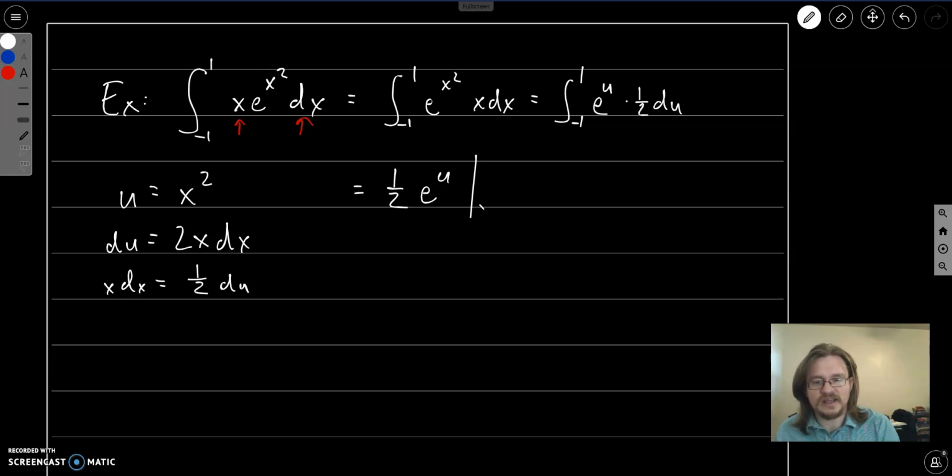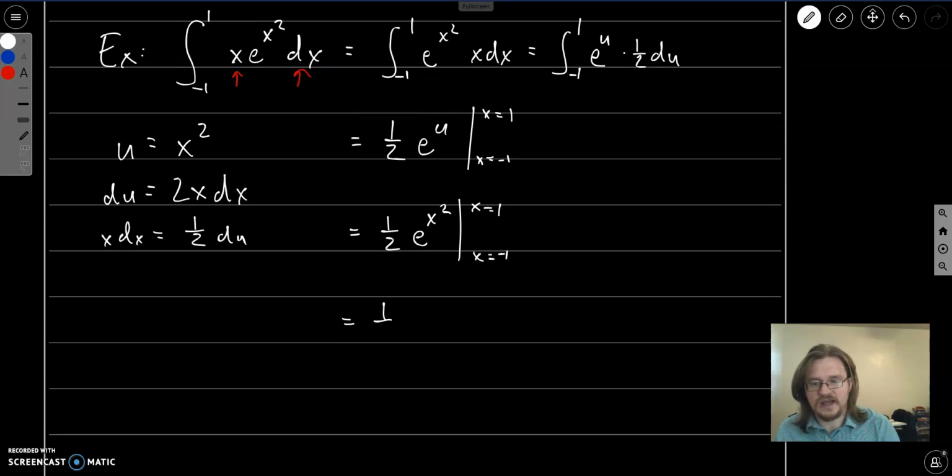And then I have to plug in x is equal to -1 and x is equal to 1. But again, I'm plugging in x's in here, not u. So I'll resubstitute x squared in for u, e to the x squared. And I'm going to plug in x is equal to -1 and x is equal to 1.